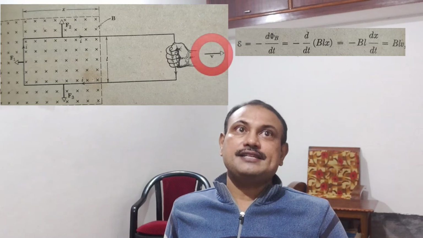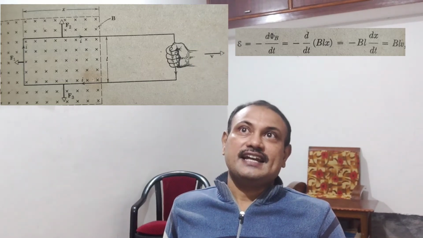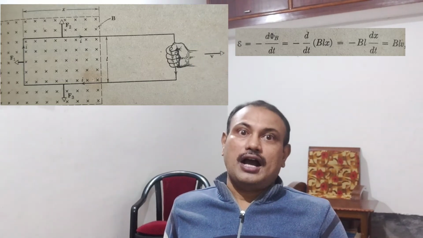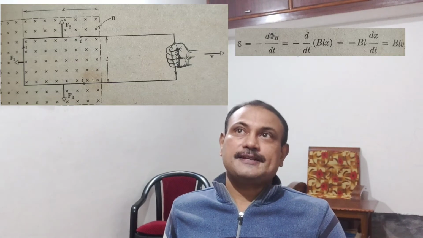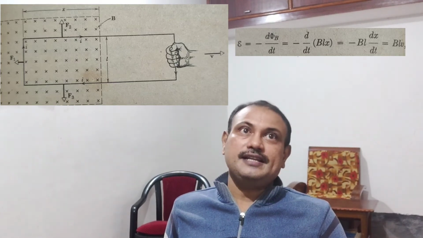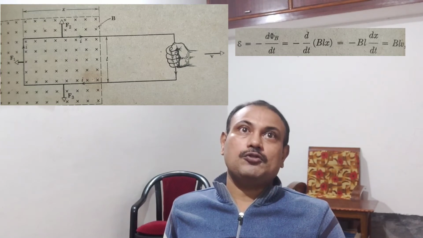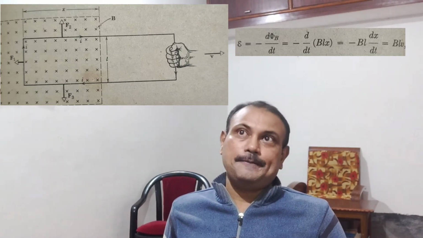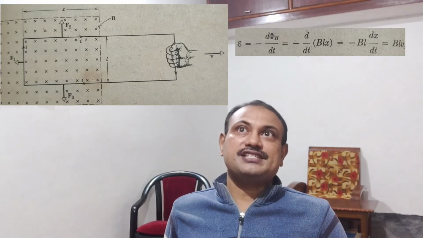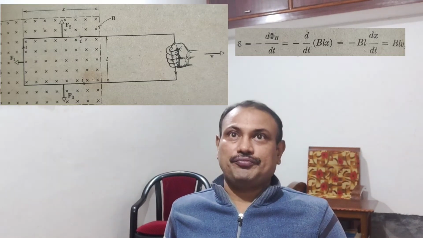So the minus sign is against the induced EMF, such that it opposes the very cause, as per Lenz's law. Therefore the induced EMF here, which is the motional EMF, is equal to B L V, which accommodates the sign as per Lenz's law.